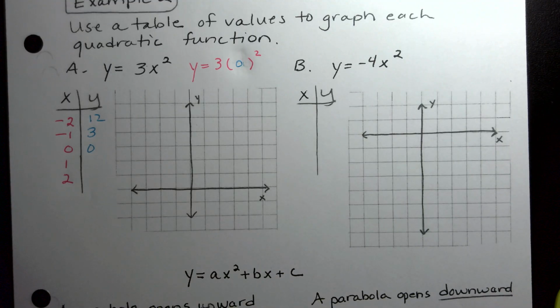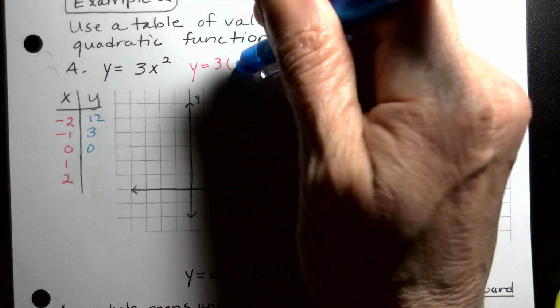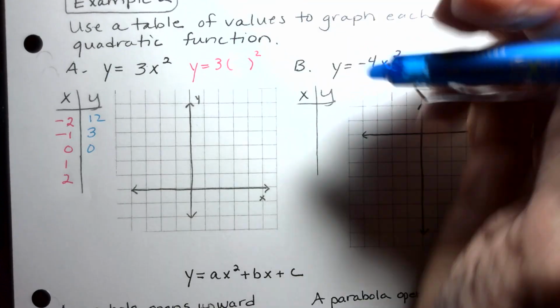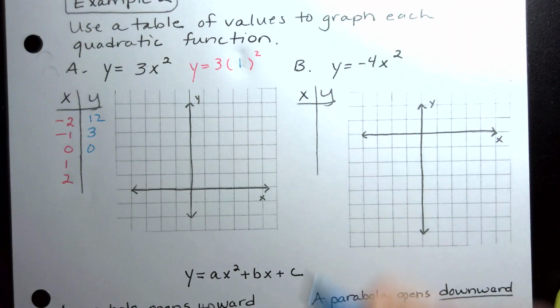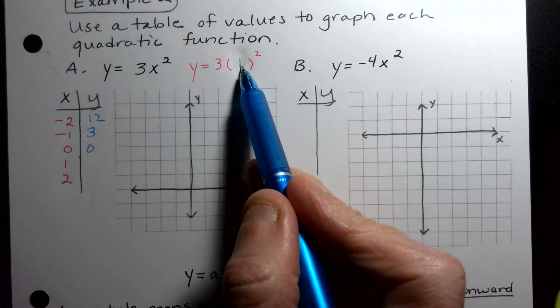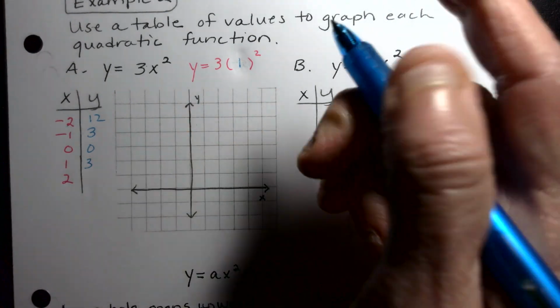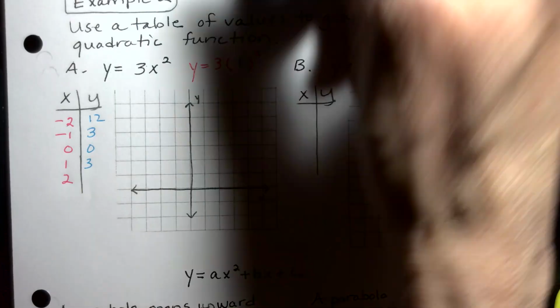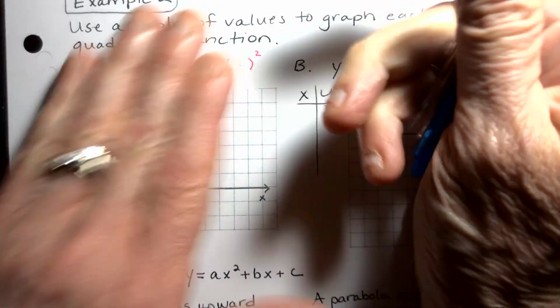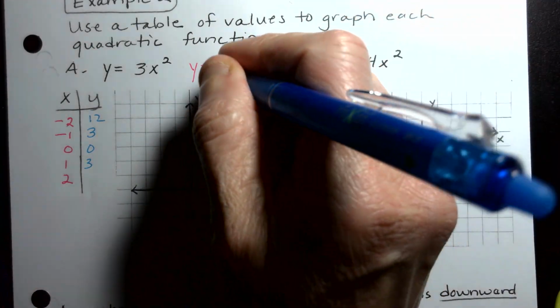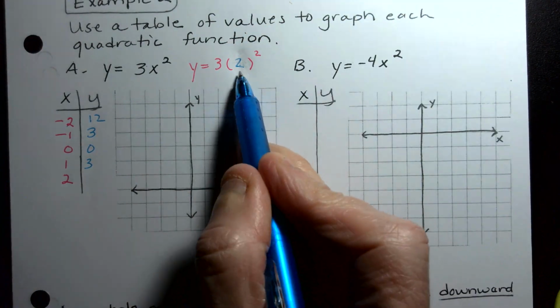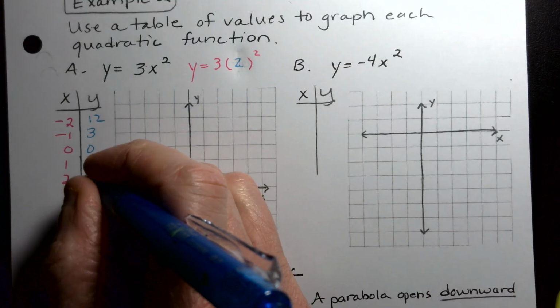Zero squared is 0, times 3 is 0. One squared is 1, times 3 is 3. And 2 squared is 4, times 3 is 12.